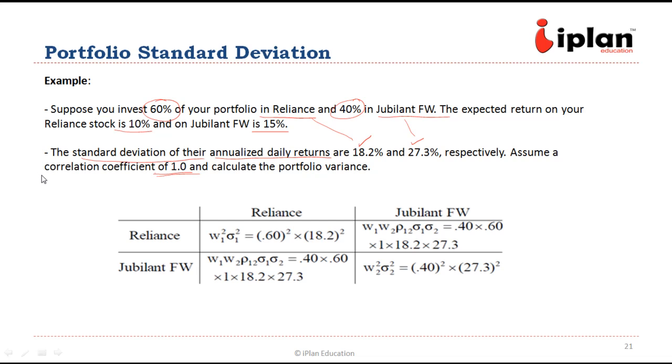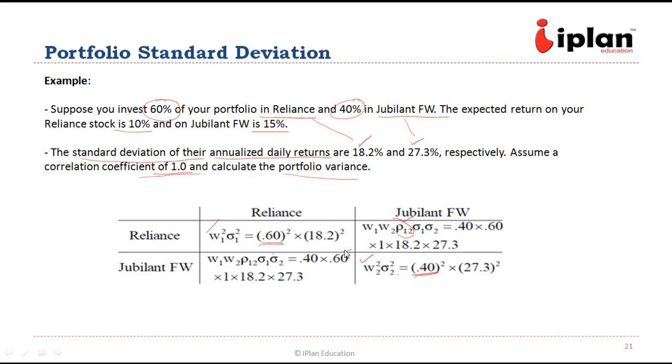Let us calculate the portfolio variance. So the value of W1 is 0.6 and W2 is 0.4. We know the variance is the summation of W1 square sigma 1 square, W2 square sigma 2 square, and 2 times W1 W2 sigma 1 sigma 2 and rho 1 2, which is the correlation coefficient. Similarly it is here. For simplicity, it has been shown in matrix form.